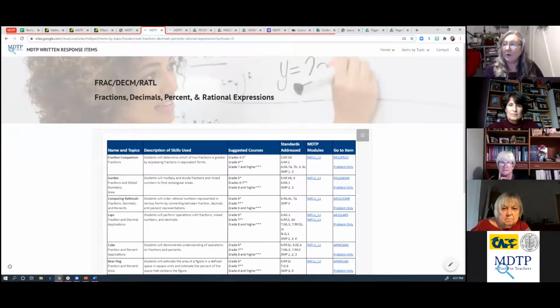Allow it to come up. And then what you'll really notice is you can pop this out as its own document, but you'll notice the modules. We have modules for students to do some self-paced learning as well that will support maybe some unfinished learning and give you an opportunity to support those students individually in their work.